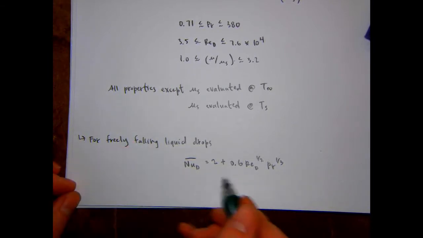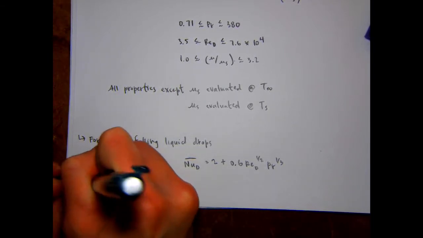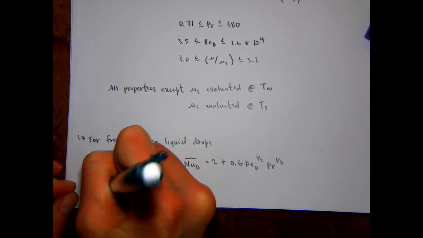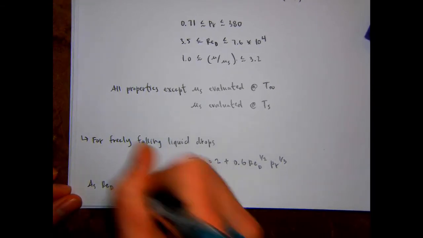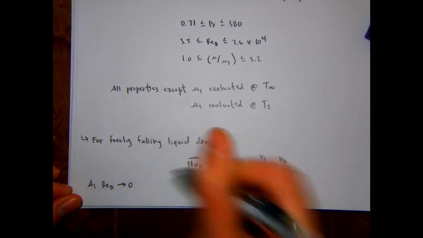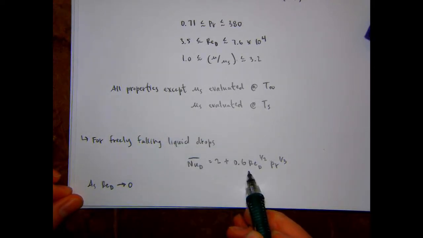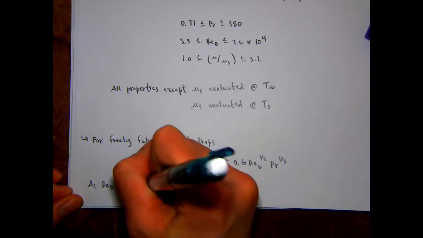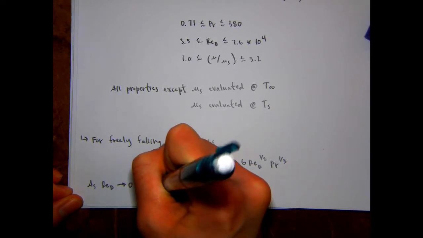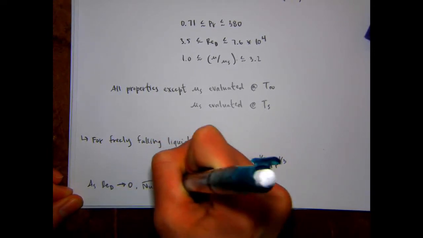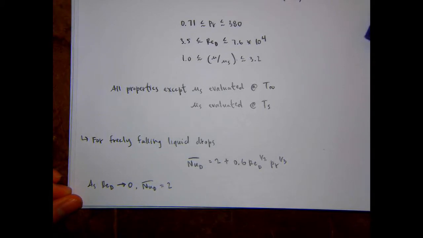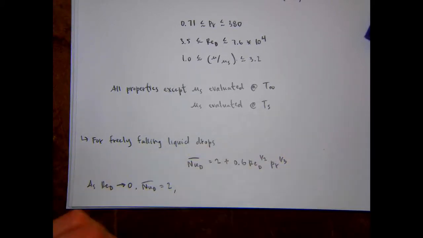And if you look at the way this expression is written, it's interesting. As the Reynolds number goes to 0, the average Nusselt number just reduces to 2. And that corresponds to heat transfer by conduction from a sphere to stationary infinite surroundings.